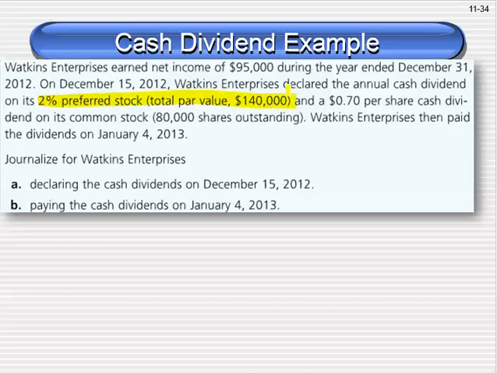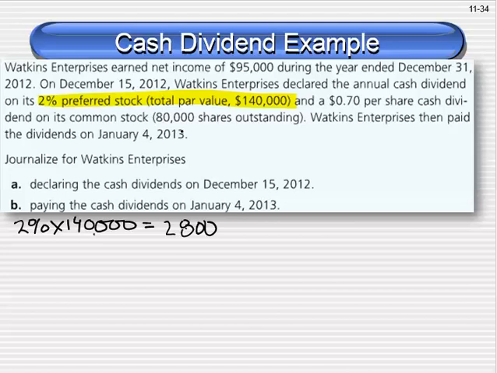Okay, so what that 2% tells us is that we're going to take 2% of 140,000, and that's how much we're going to pay out to our preferred stockholders. And it looks like that comes to $2,800.